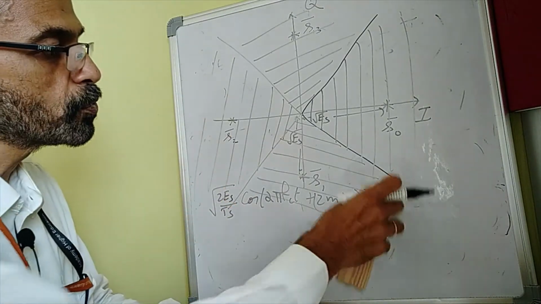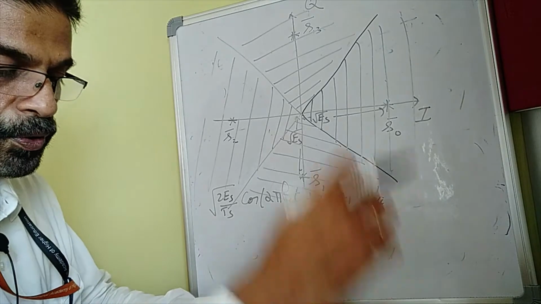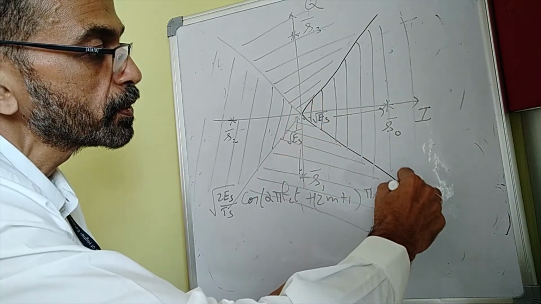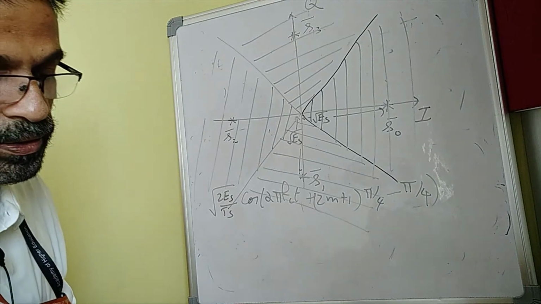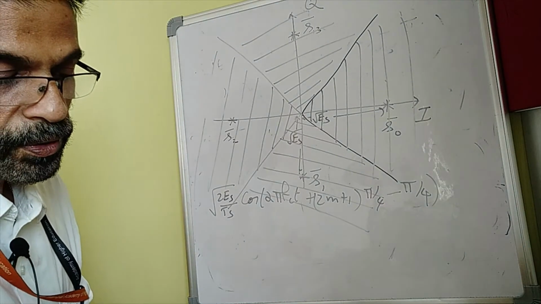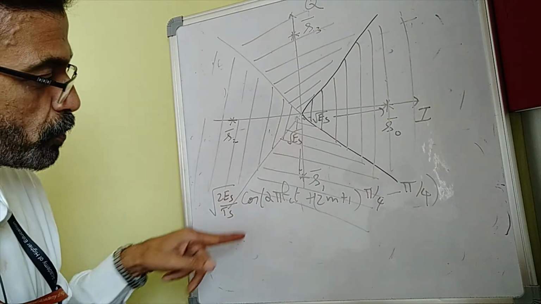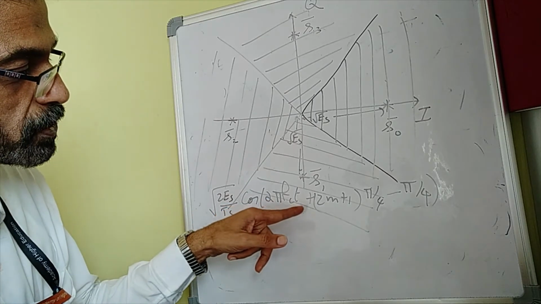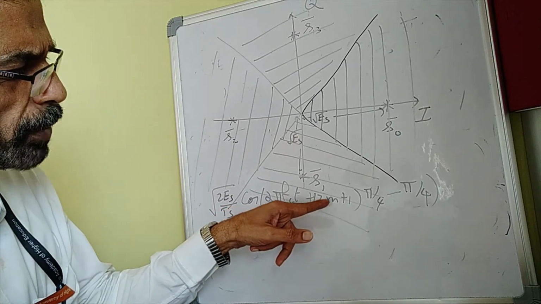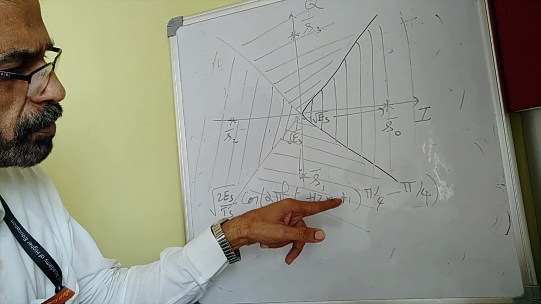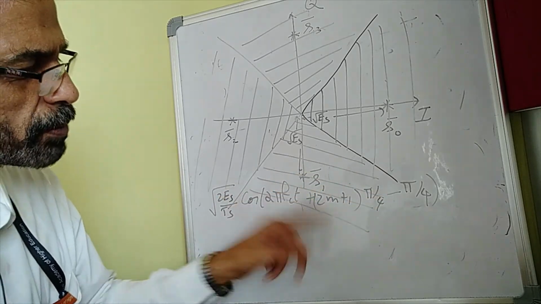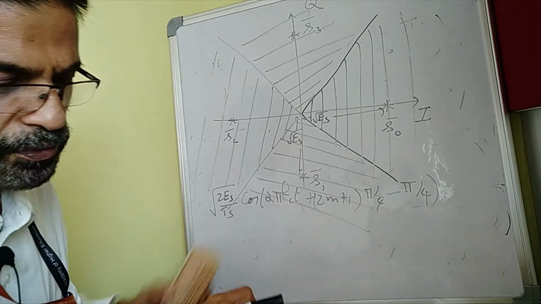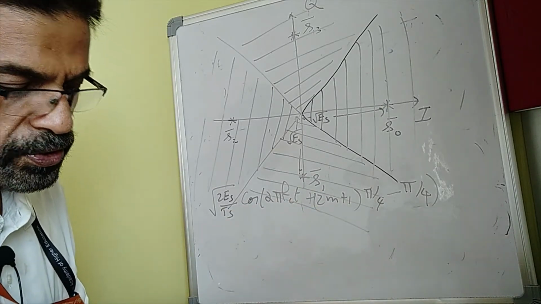Now if you do this here, you will get the constellation which we discussed now. So you can see that this becomes cos(2 pi fc t + 2m pi/4 + pi/4 - pi/4). So you will get cos(2 pi fc t + m pi/2). That is the same as what we discussed just now.